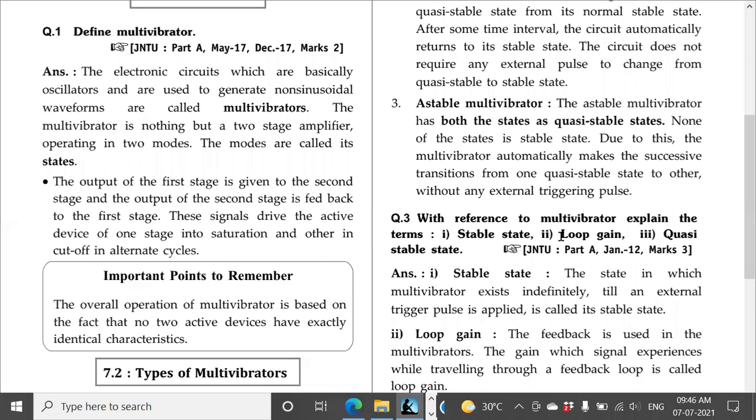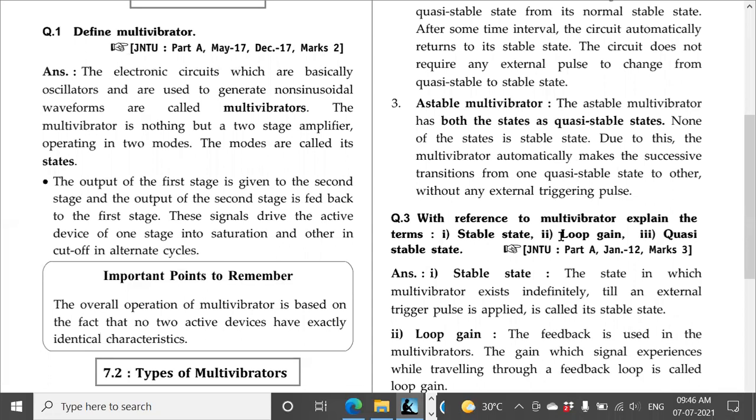You know, the charging and discharging of a capacitor takes time, right? And that time is used to switch the transistors on or off, and that is responsible for the generation of the square wave at the output.